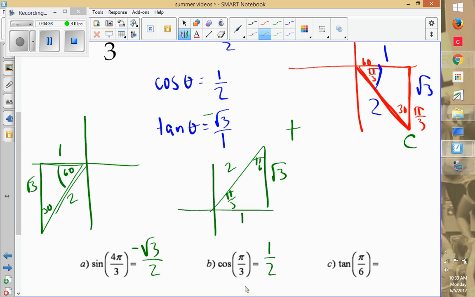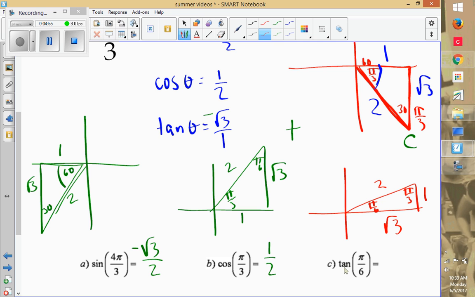So tangent of pi over 6. I'm in the first quadrant. I have a reference angle of pi over 6. So I have a 30, 60, 90 again. Opposite of pi over 6 is the shortest side. So I'm going to draw my reference triangle with 1, 2, square root of 3.